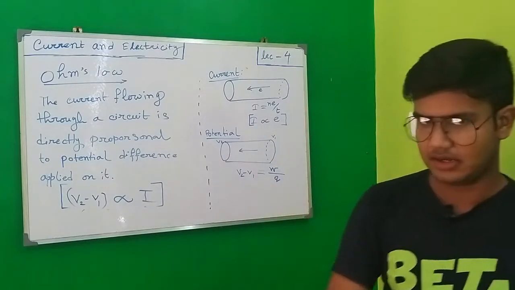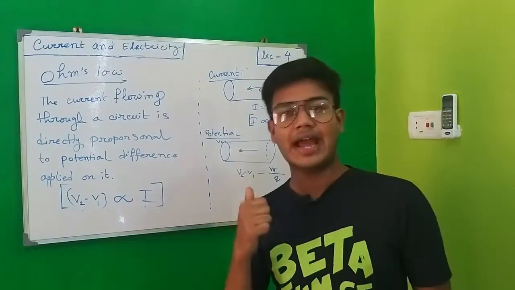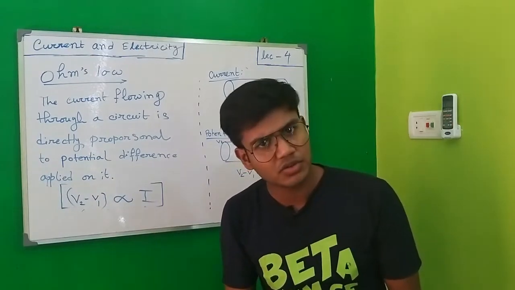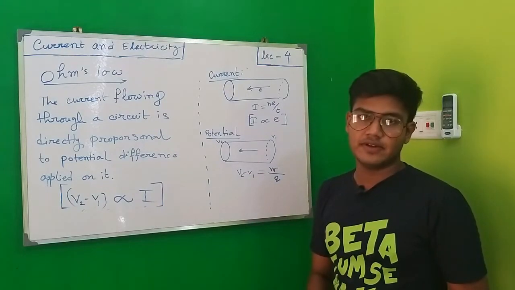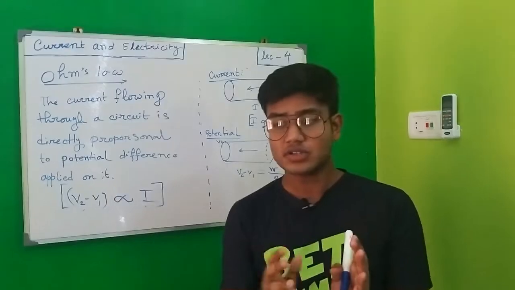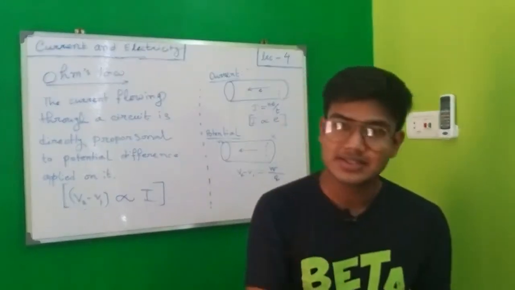So think again, if we increase the number of electrons in that circuit per unit time, then the current will increase also. Similarly, what is potential difference? Actually, the potential difference denotes how many electrons will come per second.